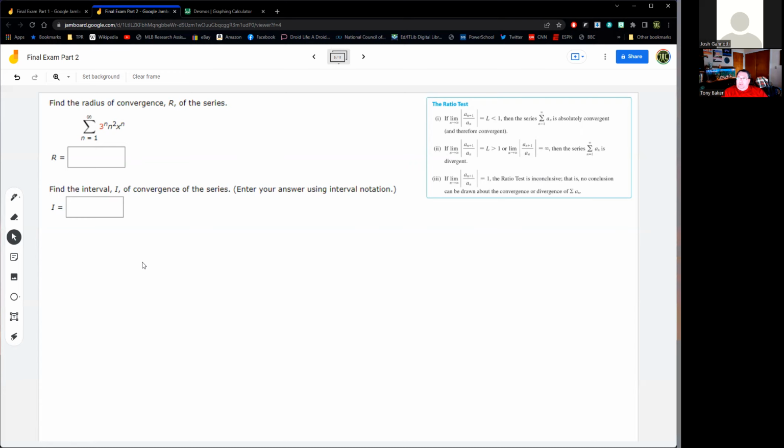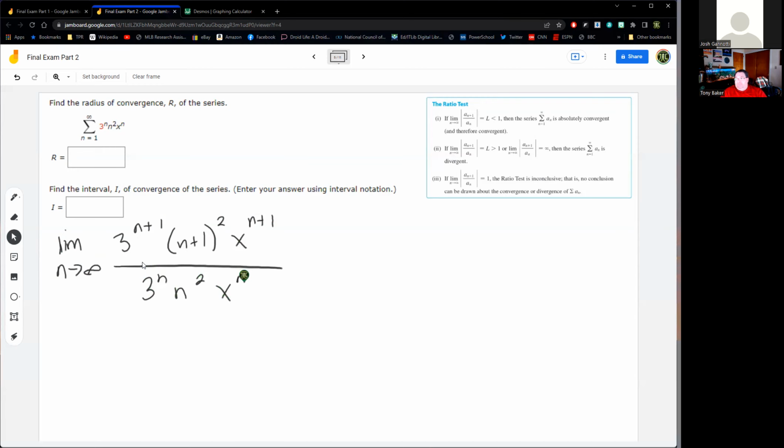So first thing we have to do is our ratio test to find what the x value is going to end up being in this problem. So I've got the limit as n goes to infinity of 3 to the n plus 1, n plus 1 squared, x to the n plus 1, and we're dividing it by 3 to the n, n squared, x to the n. So I want to split some of these parts out. That is just 3 times 3 to the n.